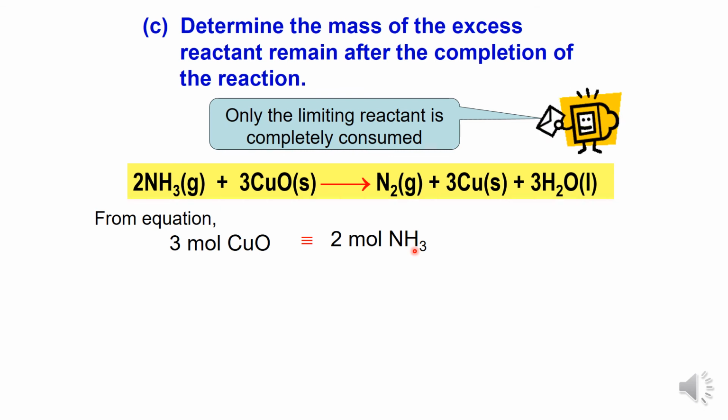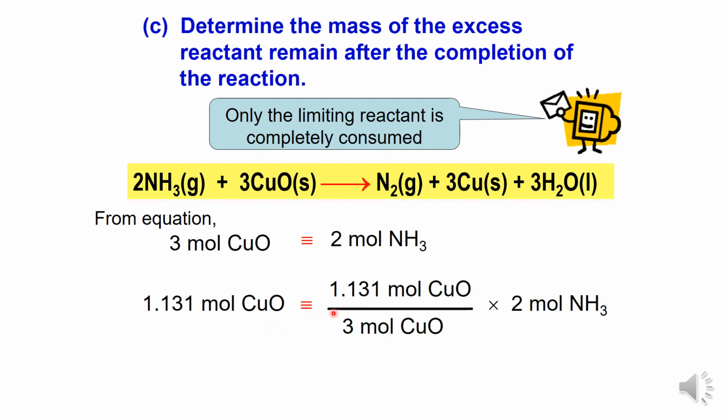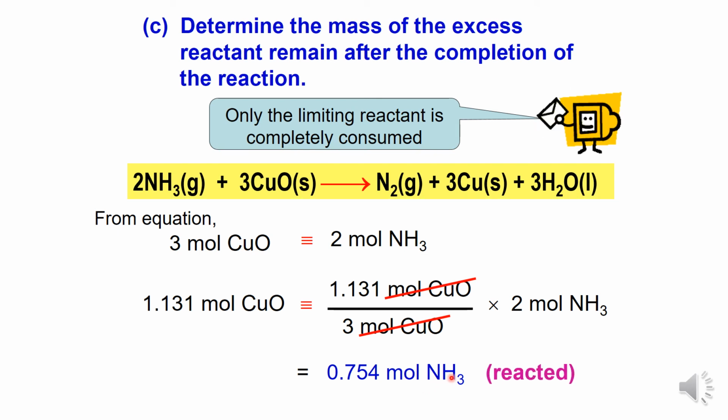The excess reactant you write on the right-hand side. If 1.131 mole copper(II) oxide, what is the mole of ammonia? The answer is 0.754 mole of ammonia. This is the mole of ammonia reacted.